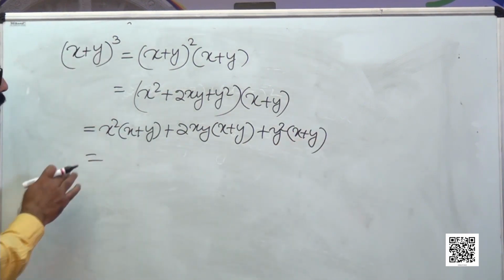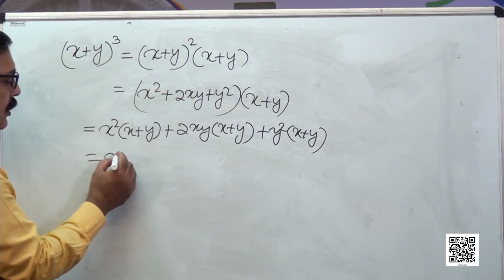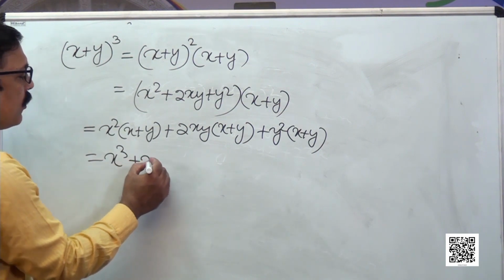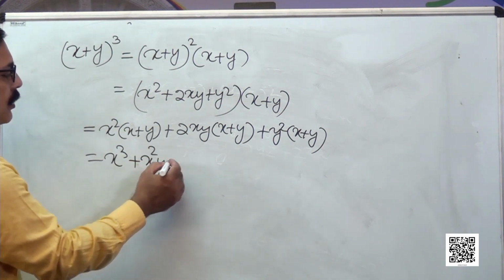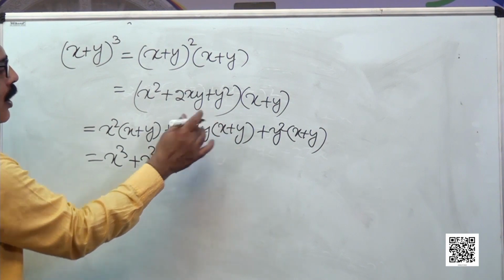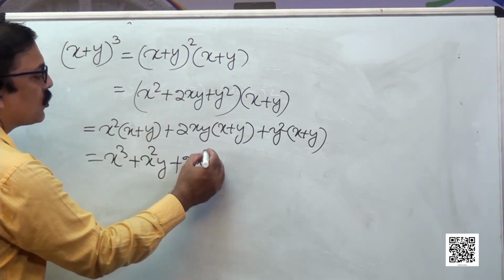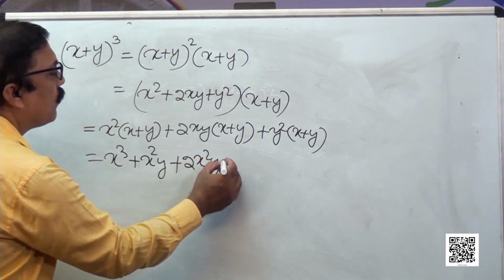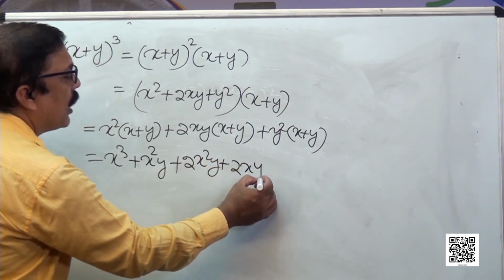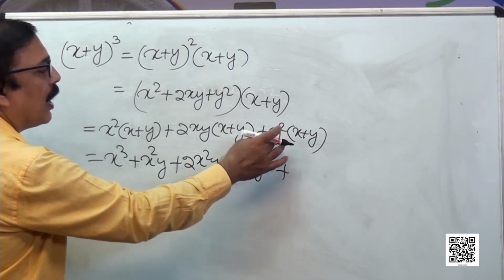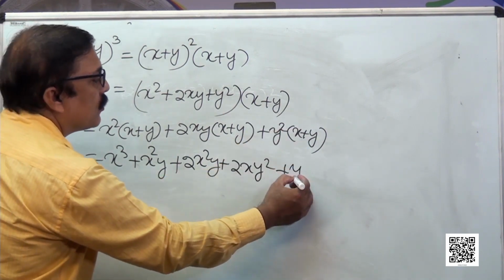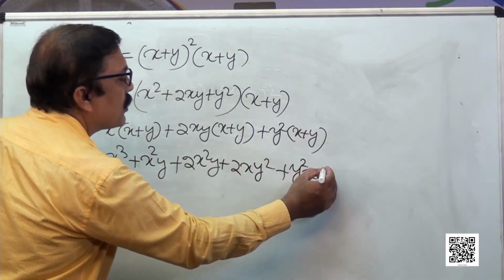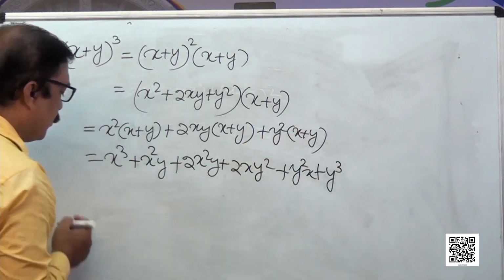Here x square into x is x cube, x square into y gives x square y, plus 2xy into x gives 2x square y, 2xy into y gives plus 2xy square, plus y square into x gives y square x, and y square into y gives plus y cube.